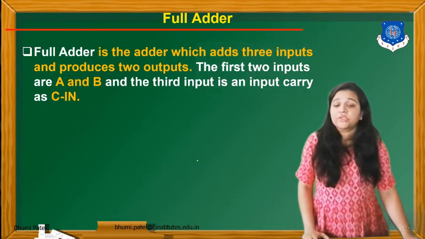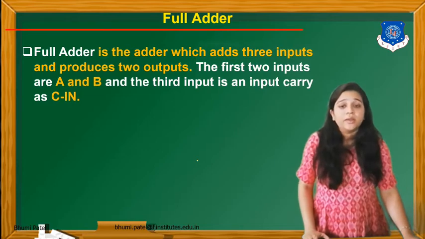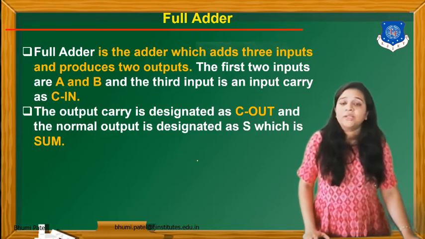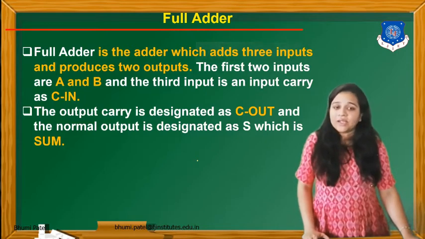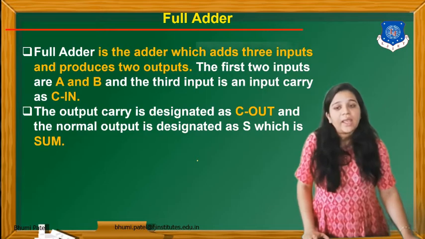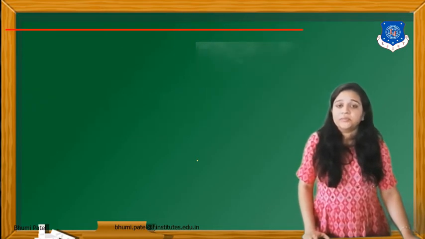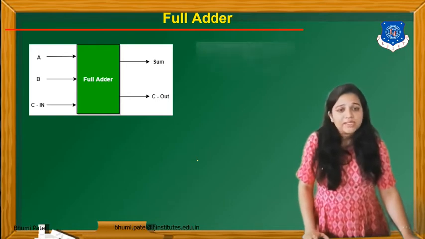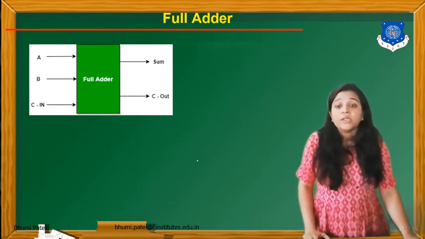The first two inputs are A and B, and the third input is C in. Now the output carry is designated as C out, and the normal output is designated as the sum, which is known as S. Okay, so this is the schematic diagram of the full adder. Here you can see that we take three inputs A, B and C in, and we get the outputs sum and C out.